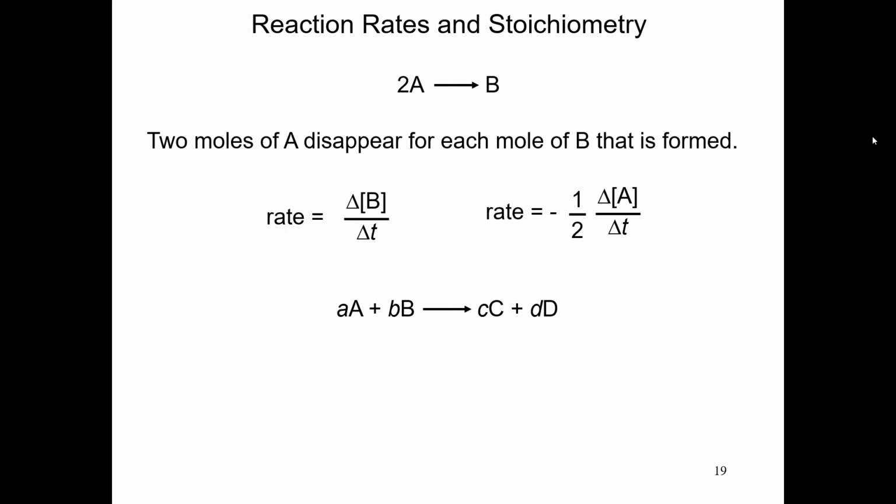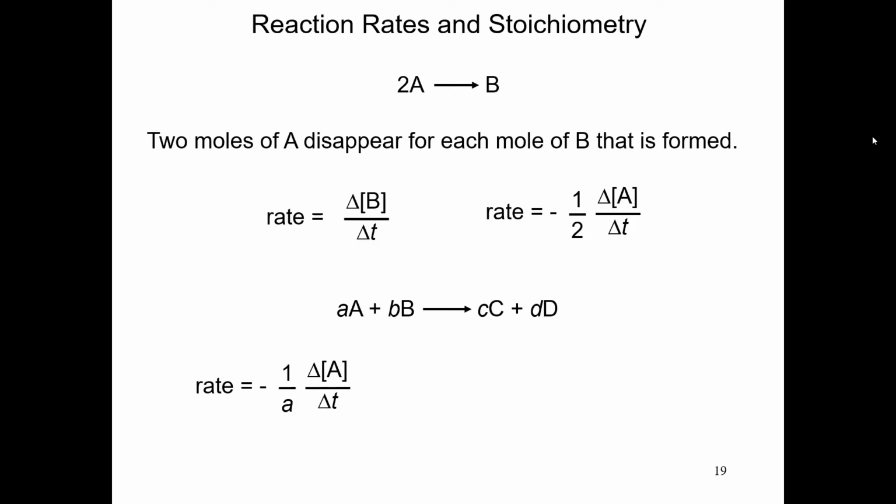So to get a rate expression based on any one of those components, we can start by saying, for example, that if the rate is measured in terms of the disappearance of reactant A, we're going to have to adjust the rate expression by minus 1 over the stoichiometric coefficient, which is a.